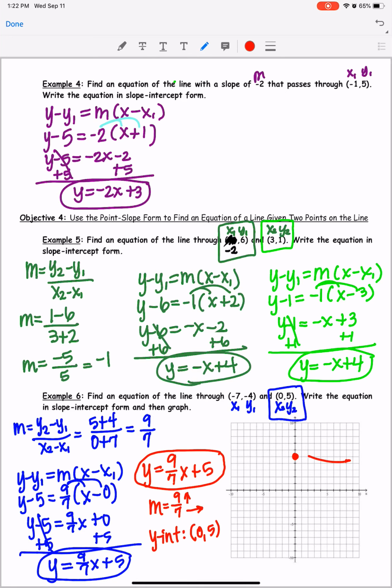I can go positive 7 this way, but I don't have 9 to go up. So because of that, let's change this to our negative one. So this is the same as negative 9 over negative 7, because negative over negative is positive. So from this point, we're going to go down 1, 2, 3, 4, 5, 6, 7, 8, 9, and then run 1, 2, 3, 4, 5, 6, 7.